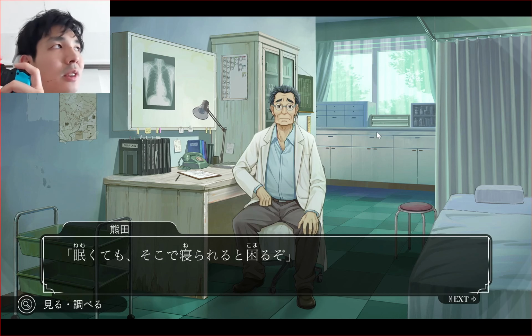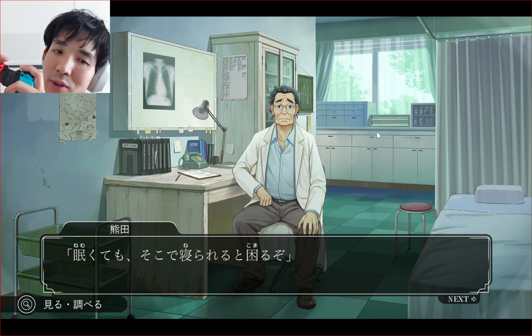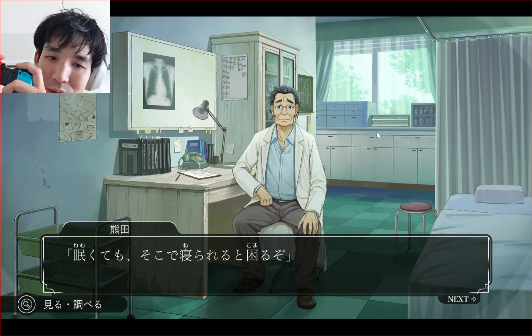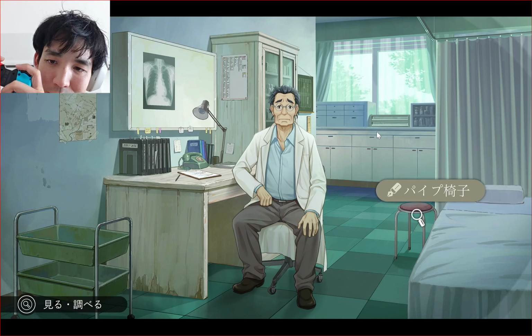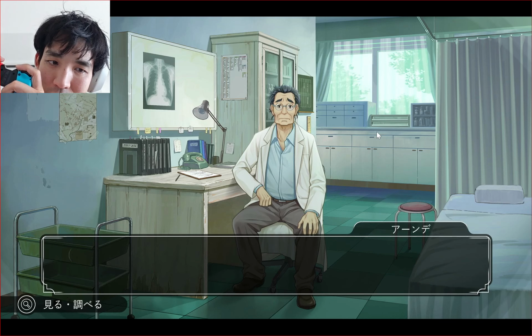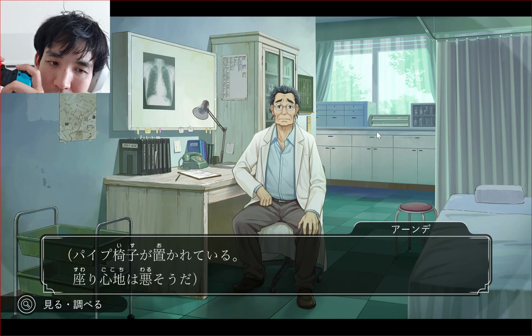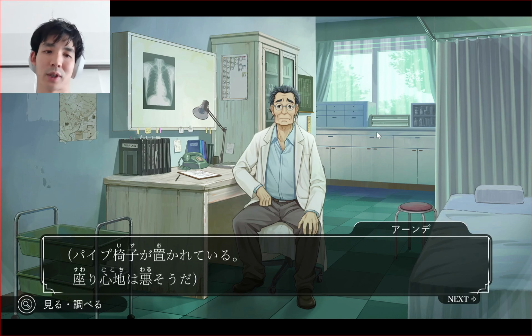To sleep, neru. To be able to sleep, nerareru. Soko de nerareru to komaru zo. Is he telling me? I don't know if he's saying I can't sleep there or not. Pipe, boo. パイプ椅子が置かれている。座り心地は悪そうだ。 Pipe isu. Okay. I should probably be able to say isu.